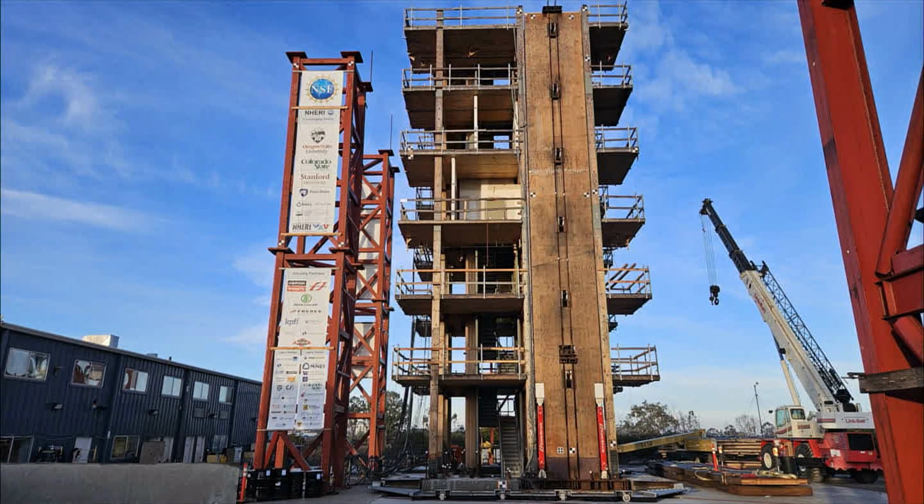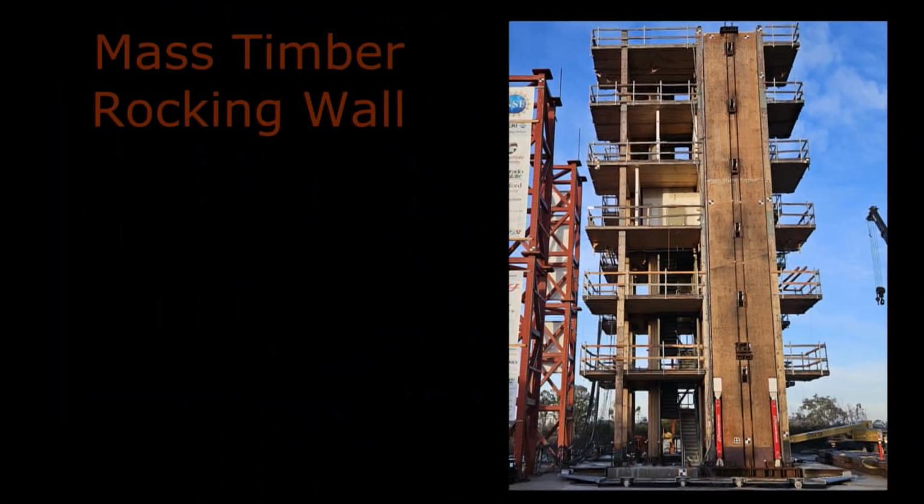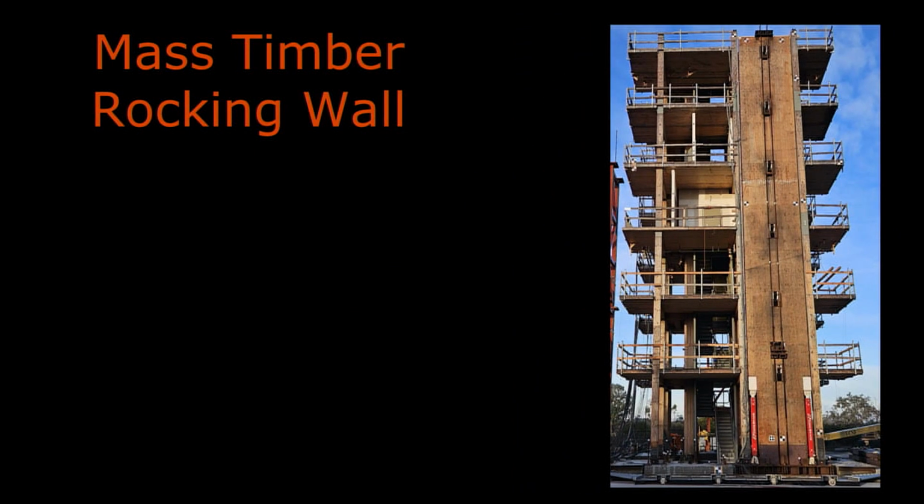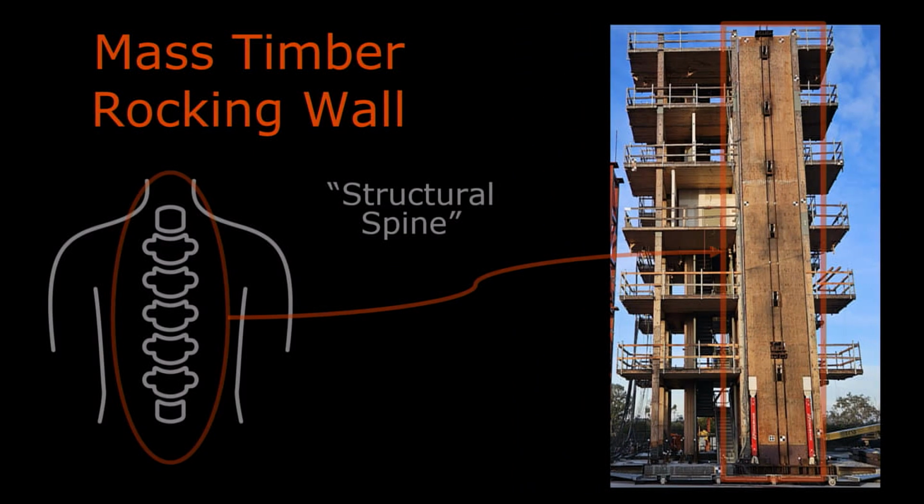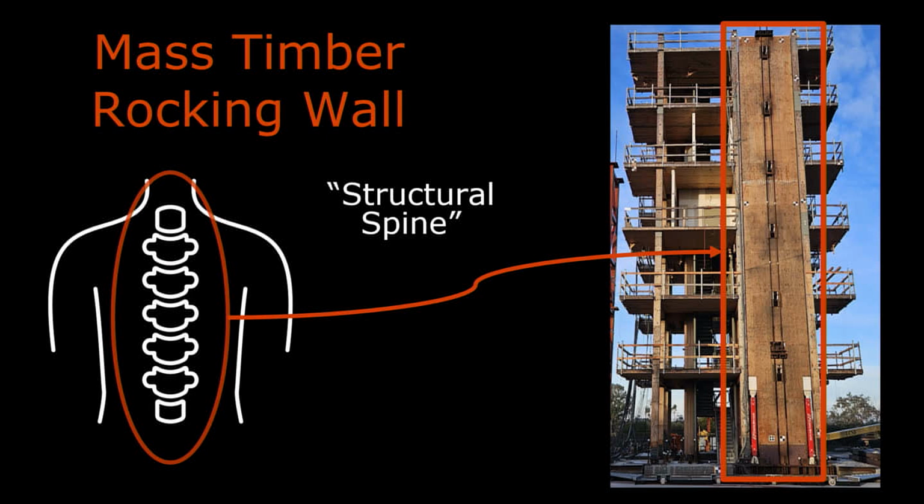Let's get back to our building. In our building, we're testing a new mass timber technology that's resilient and scalable for tall buildings. We call it a mass timber rocking wall. We also sometimes refer to it as a structural spine. Why? Because the rocking wall serves a similar purpose for the building as the spine does for our bodies.